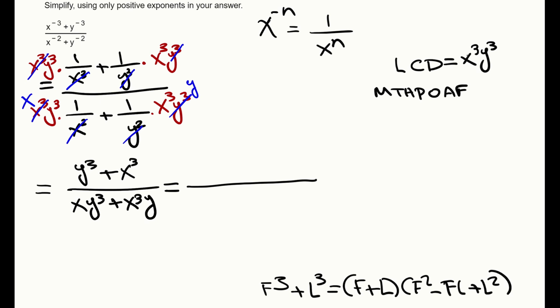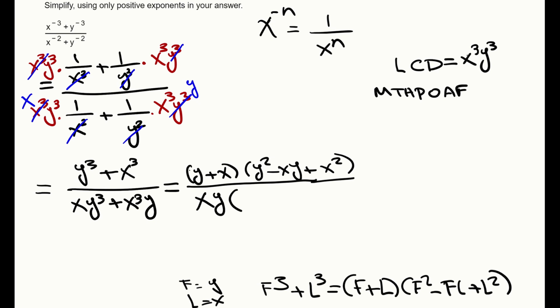Here our f is y and l is x. So we end up with this factorization: y plus x times y squared minus xy plus x squared. In the denominator, we have a common factor of xy, and that leaves us y squared plus x squared.